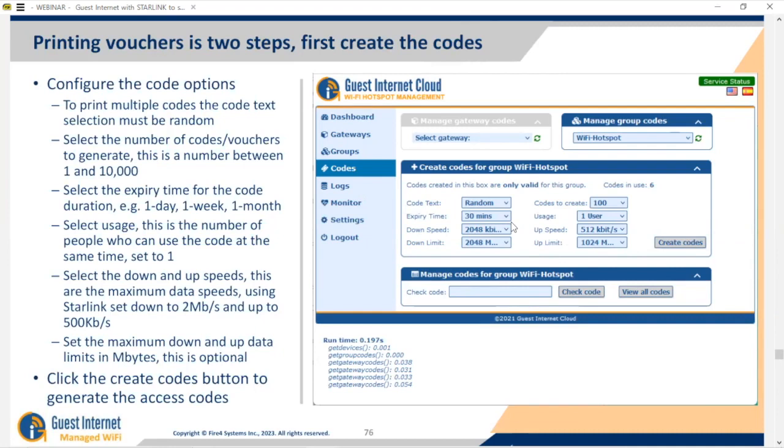We select the expiration time. It can be 30 minutes to unlimited. We select the download and upload data speeds and the download and upload data limits. We select the number of codes we want to generate, and then how many people can use the code simultaneously. And this is normally 1. And then we click the button to create the codes.